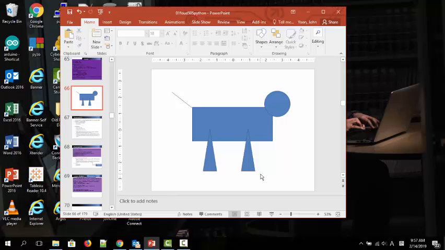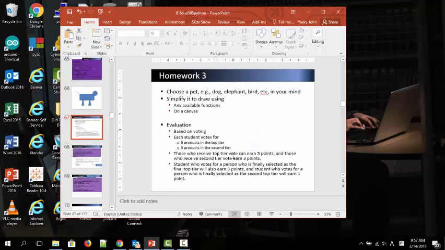I want you to outline the animal in your mind that should be similar to the animals that you draw. If it is drawn as detailed as possible, you may get a higher score.